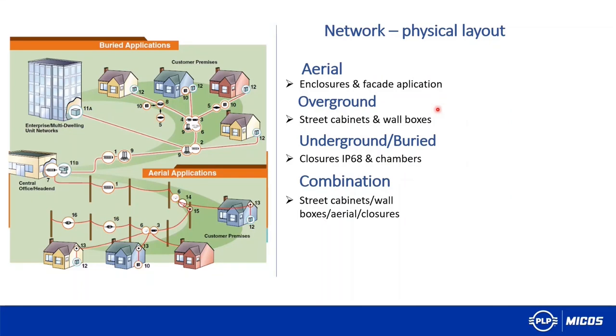Underground buried network is very popular, for example, in the UK, where BT has existing manholes, and they use these lines to connect customers with fiber. And of course, the combination. Usually it's a combination because you cannot go all the way, for example, under the ground. Sometimes you need to go above the ground or even aerial, especially in rural areas.